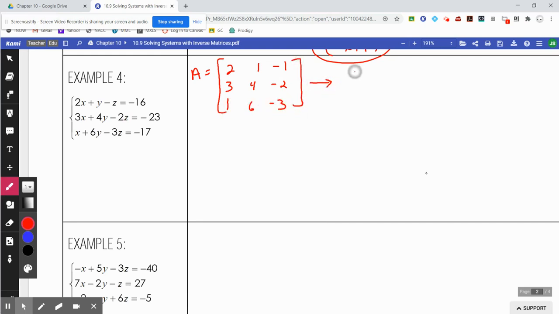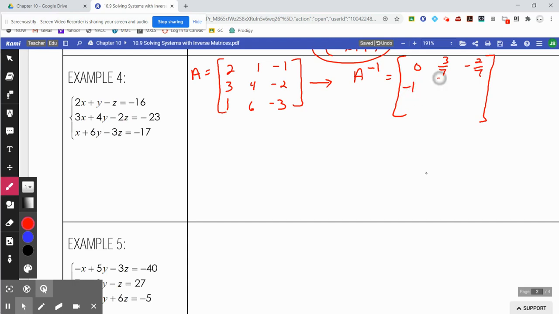Whenever you find the inverse of that, you're going to get A inverse is equal to 0, 3 sevenths, negative 2 sevenths, negative 1, 5 sevenths, negative 1 seventh, negative 2, 11 sevenths, and negative 5 sevenths.